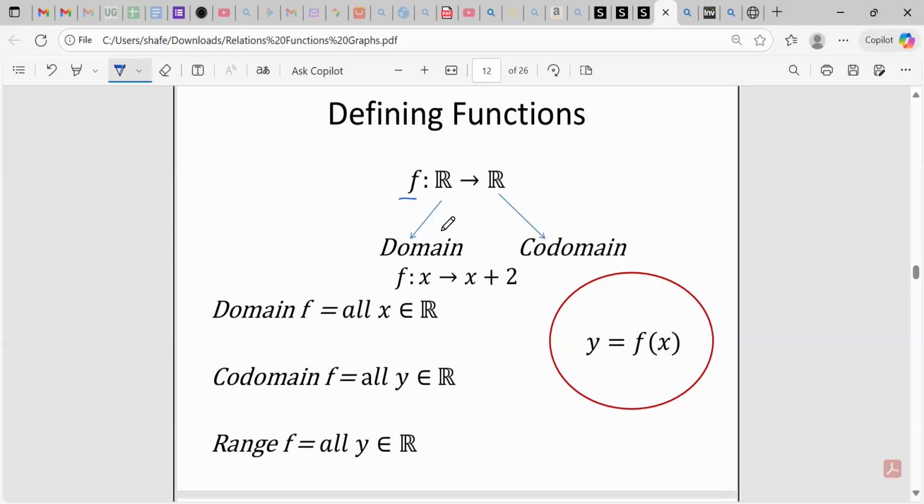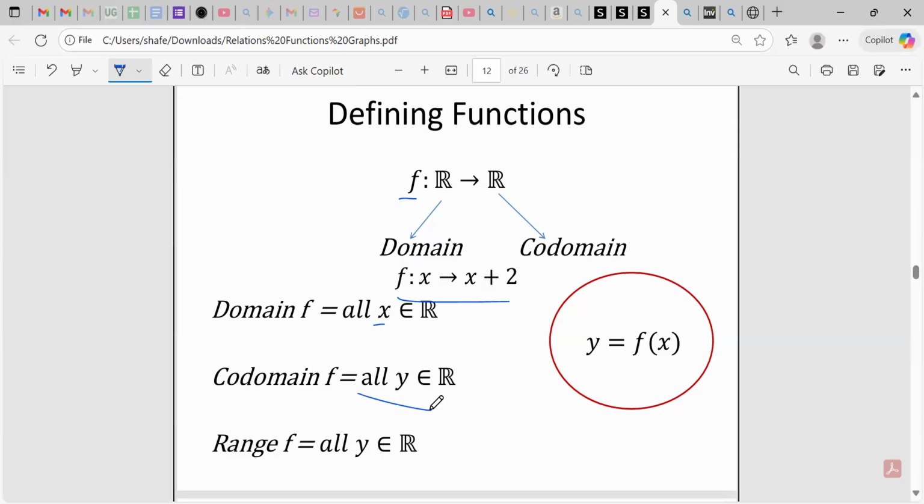The teacher just gives you a function and you do all kinds of things with it. For example, you have the function f of x such that x maps onto x plus 2. The domain of this function, in other words, what values x can take on? x can be any and all the real numbers.